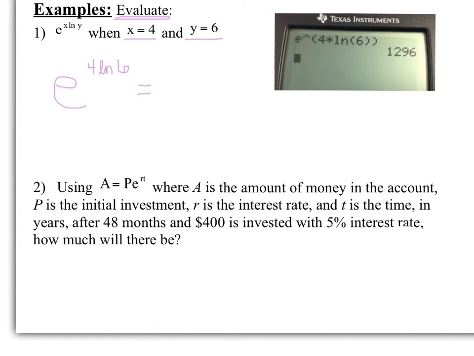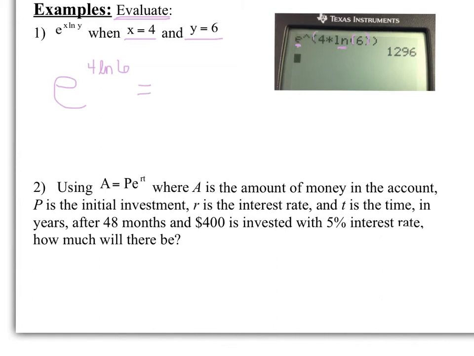So I typed in my calculator, E, and then the caret will automatically show up if you're using the E to the X button, and the parenthesis will show up as well. So I have 4 times the natural log of 6, and again I use the natural log button. If I'm taking the natural log of 6, I want to make sure I'm only taking the natural log of 6, and I close that parenthesis after I type in the 6.